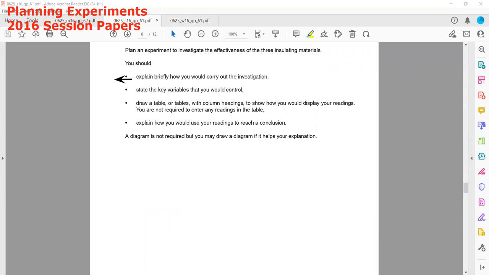Remember, because we are investigating how the insulation can affect the rate of cooling, we should take the same container for all three setups, as we have three different types of insulating material.